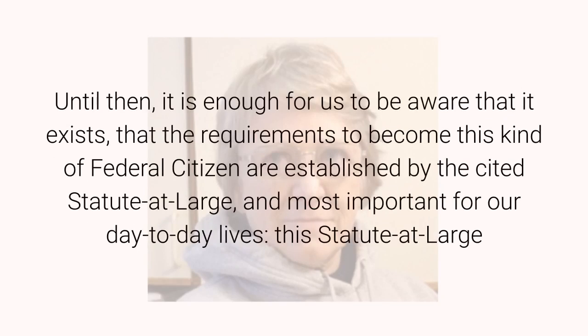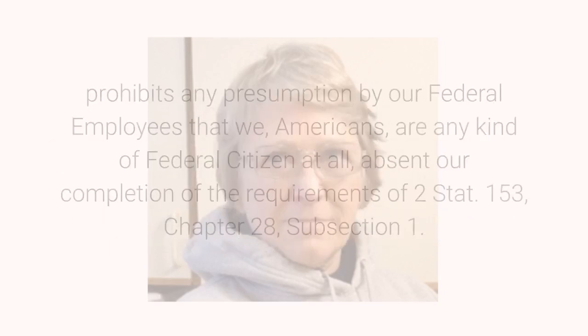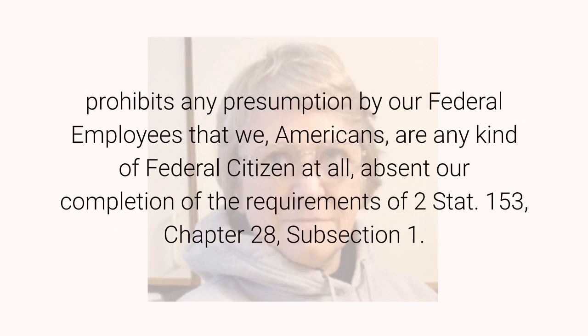Until then, it is enough for us to be aware that it exists, that the requirements to become this kind of federal citizen are established by the cited statute at large, and most important for our day-to-day lives, this statute at large prohibits any presumption by our federal employees that we, Americans, are any kind of federal citizen at all, absent our completion of the requirements of 2 Stat. 153 Chapter 28, subsection 1.